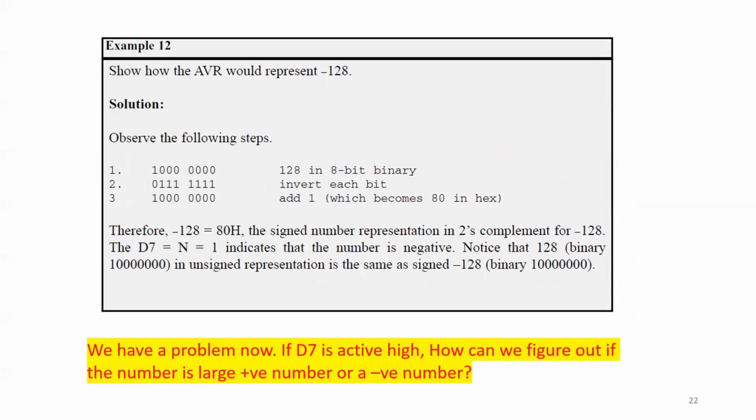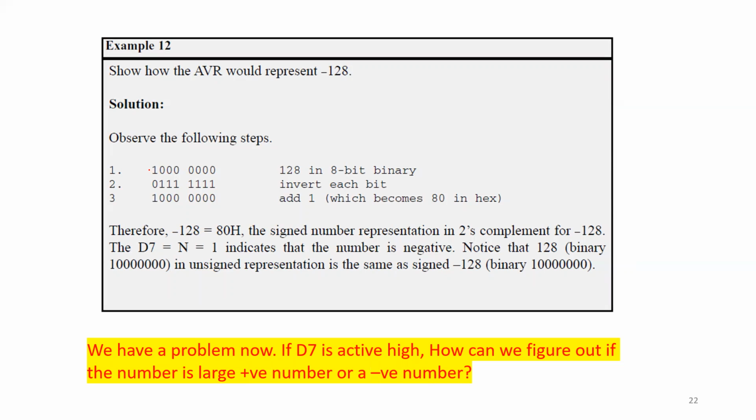Let's see another example here, minus 128. So 128 can be represented as you can see here: 0, 0, 0, 0, 0, 0, 0, 1. So this is the 128.